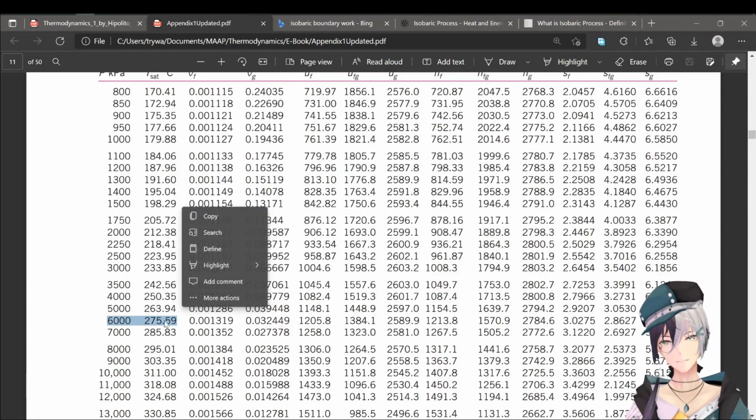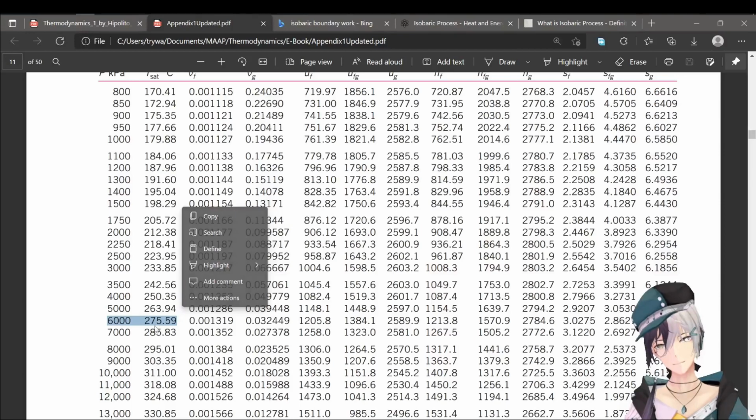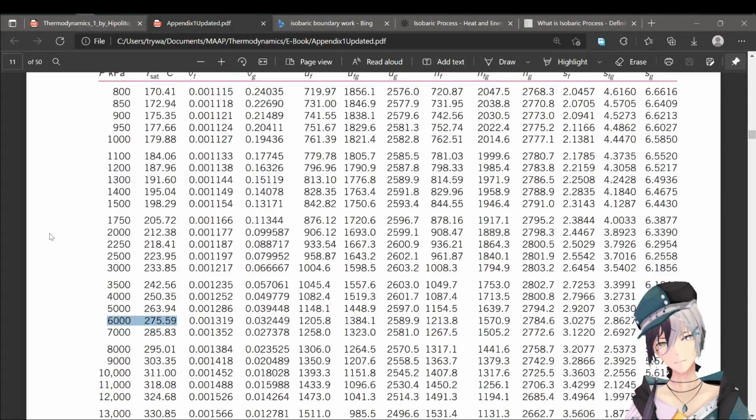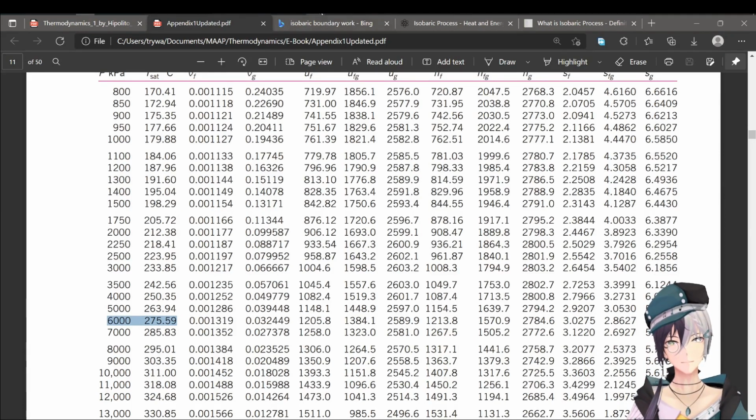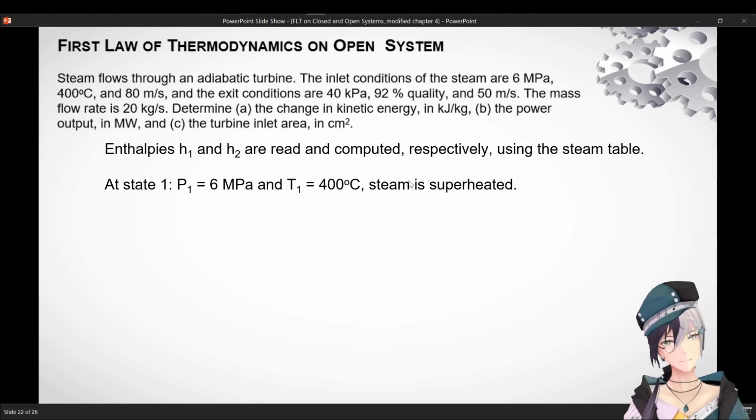But then the saturation temperature at 6 megapascal, 6,000 kilopascal, is 275.59. But the given temperature is 400. And so we conclude that the steam is superheated.